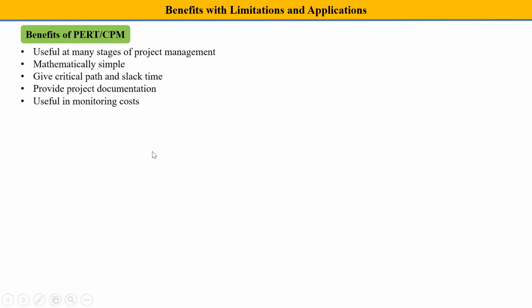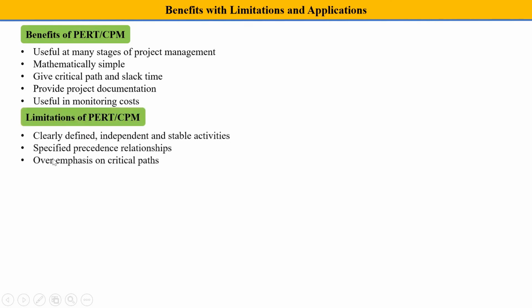Let's talk about the final thing for today's lecture, the benefits of PERT and CPM. It is useful at many stages of project management, mathematically simple, gives the critical path and slack time, provides project documentation, and is useful in monitoring cost. Limitations are that activities must be clearly defined, independent and stable, specify precedence relationships, and there is over-emphasis on critical paths.